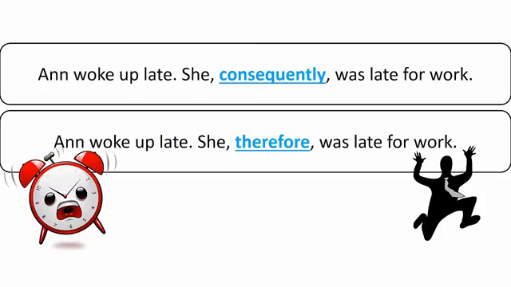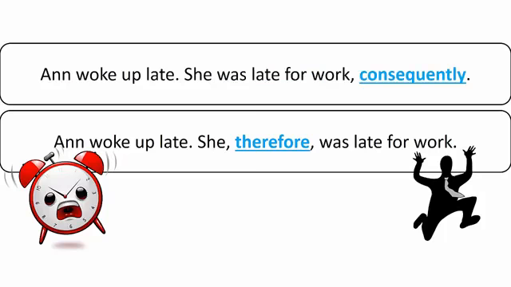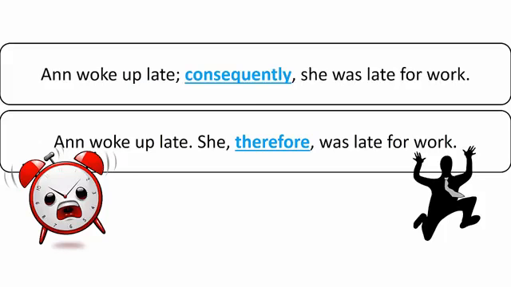We see here it's between the subject and the verb, or at the end of the sentence, or at the beginning with a semicolon. Remember, any transition can also have a period here instead. Since this is true for all transitions, I'm not going to show you this every time.